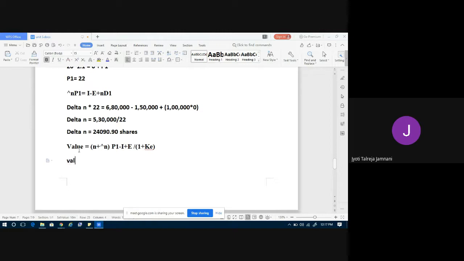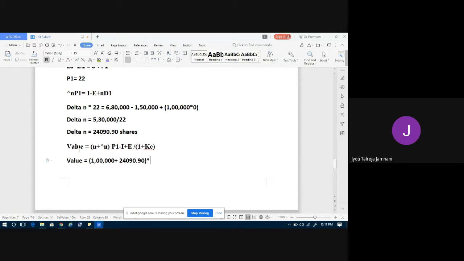Now the last thing that we have to find is value. So value is equal to new shares plus old shares, 1 lakh plus new shares 24,090.90.